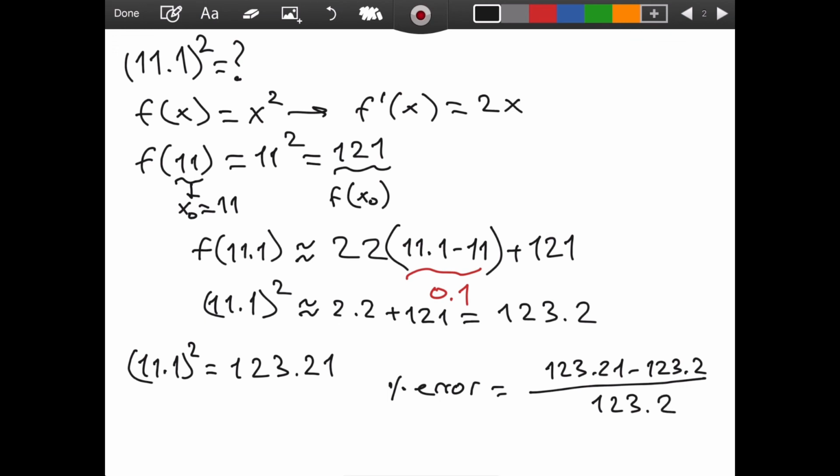I would actually love to go over this. You would have a percent error of 0.008%, which is incredibly small, of course.